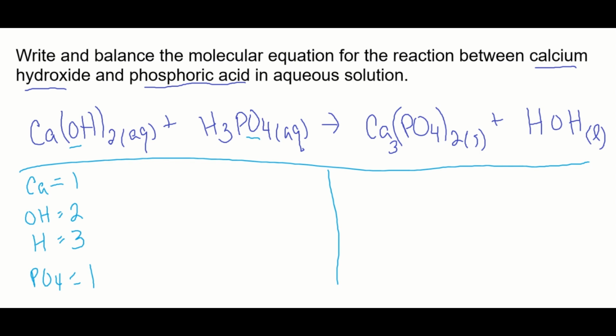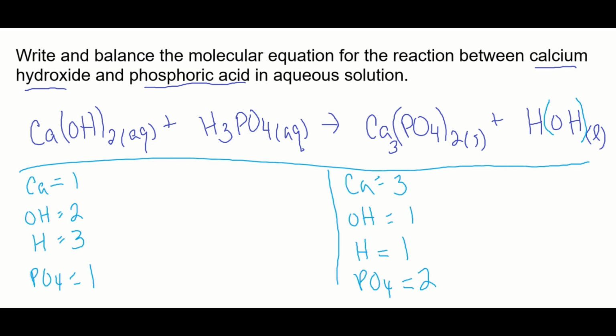So you want to keep them separated because all that's happening is the cations being switched between compounds. So you don't want to start mixing these elements up. Now on the other side, I'm just going to write the same order. And if it even helps, you can put a parenthesis around the OH.